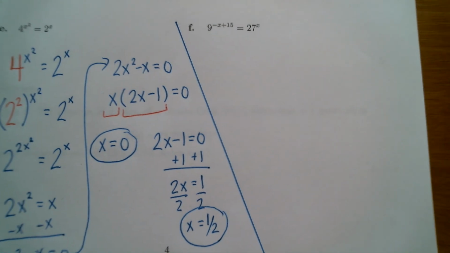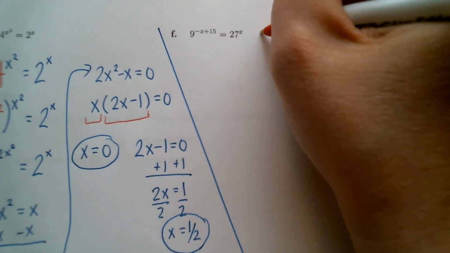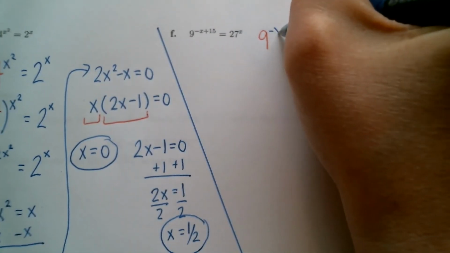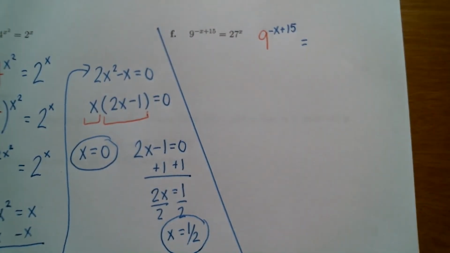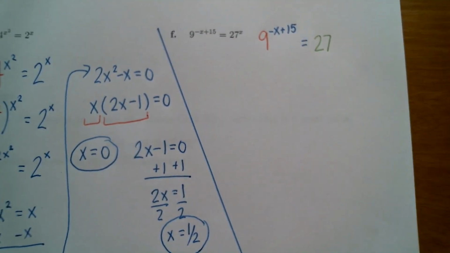So I'm going to do the same kind of color coding thing I did in part E. Let me write the original problem. We have 9, which I'll keep in red, raised to the negative x plus 15 is equal to 27, which I'll put in green, raised to the x power.